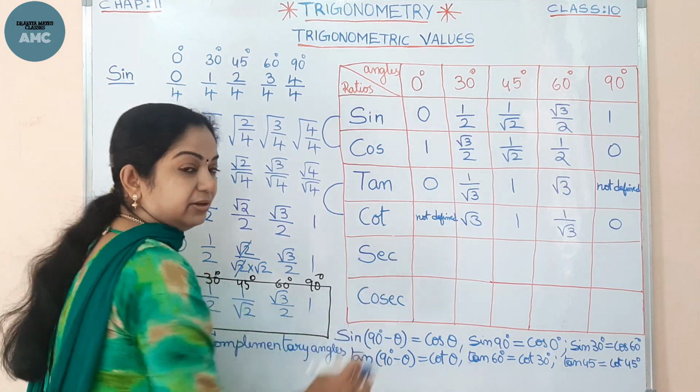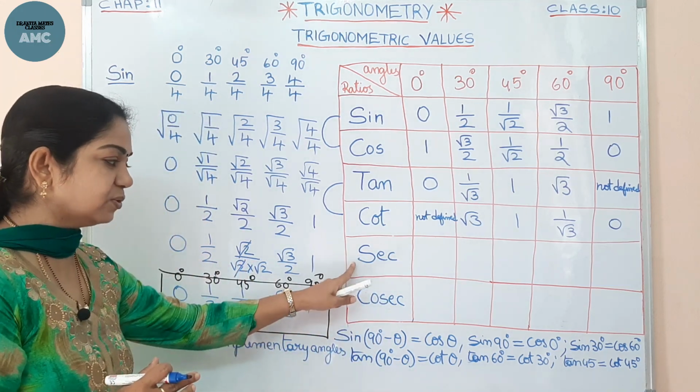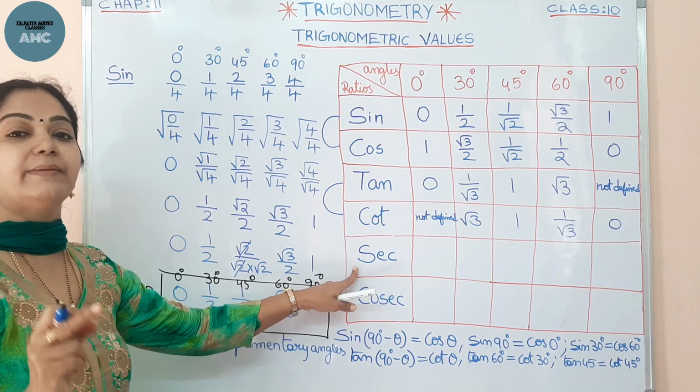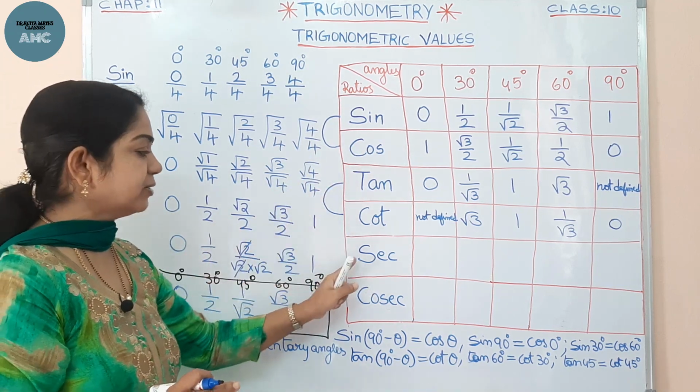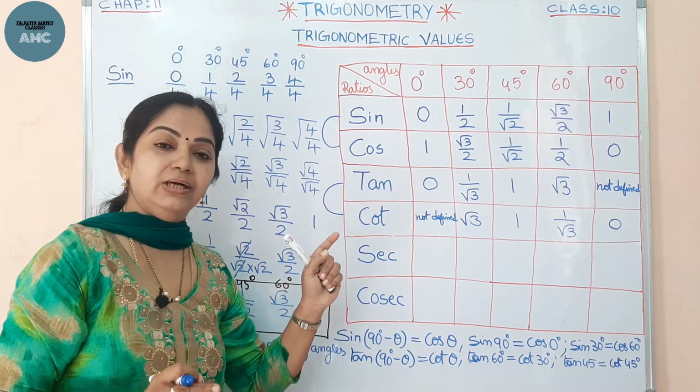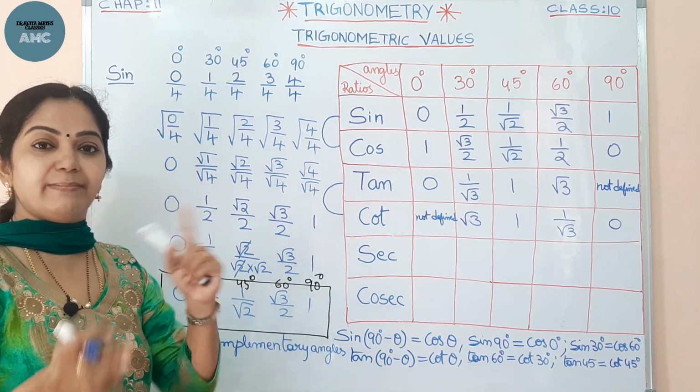Now for secant, how do I get the values of secant? We know that secant is the multiplicative inverse of cos. 1 by cos is secant, or cos is equal to 1 by secant. They are the multiplicative inverse.